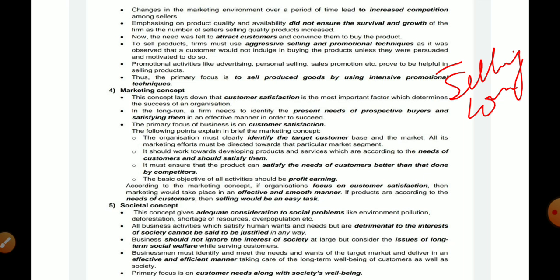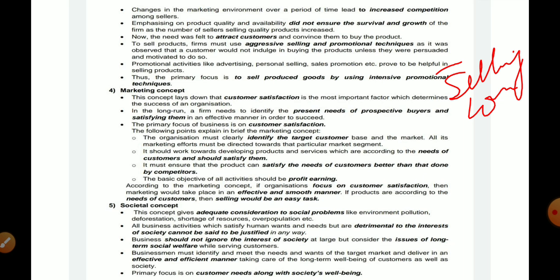It identifies not only the needs of customers but also the targeted customers. Now, the need of the customer should be satisfied by their product, because if the needs are not satisfied, the customer will not repurchase from them.